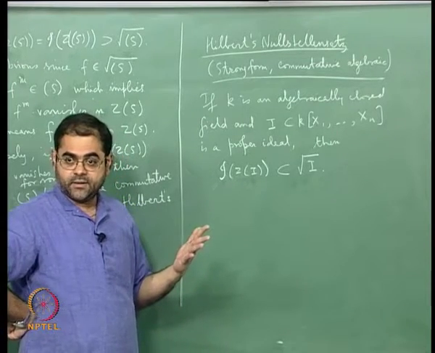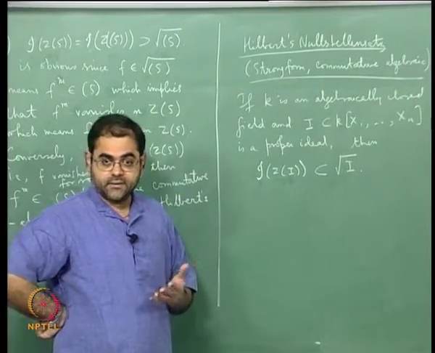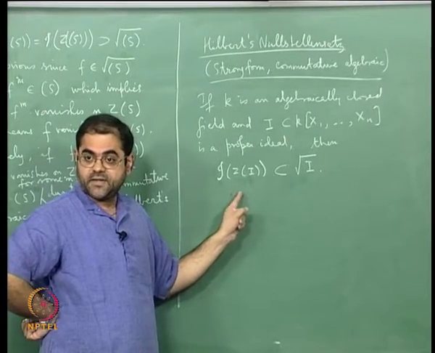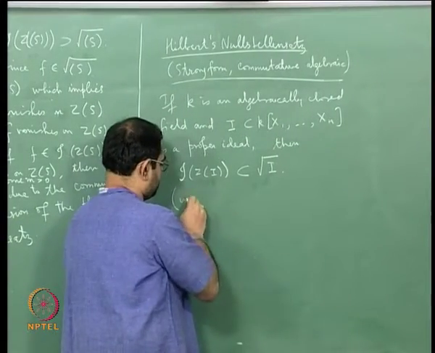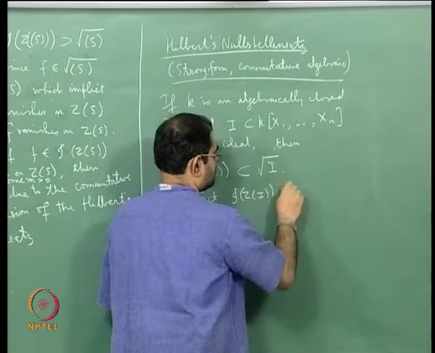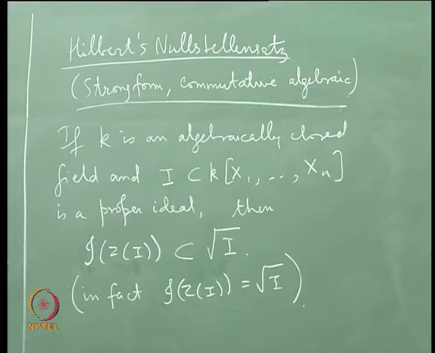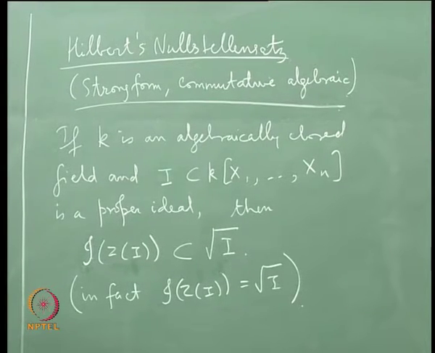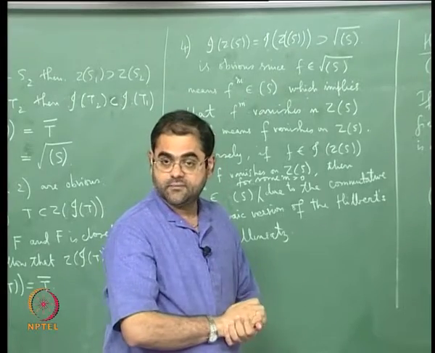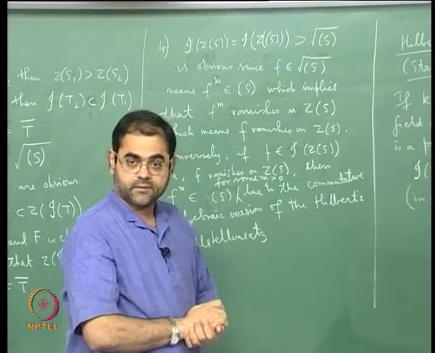So if you assume that I is not a unit ideal, you will get a contradiction if Z of I is empty. You should read it with equality, because the other inclusion is obvious. So this strong form of the Hilbert Nullstellensatz does ensure that so long as I is not the unit ideal, the 0 set is non-empty. That is how the strong form gives the so called weak form.